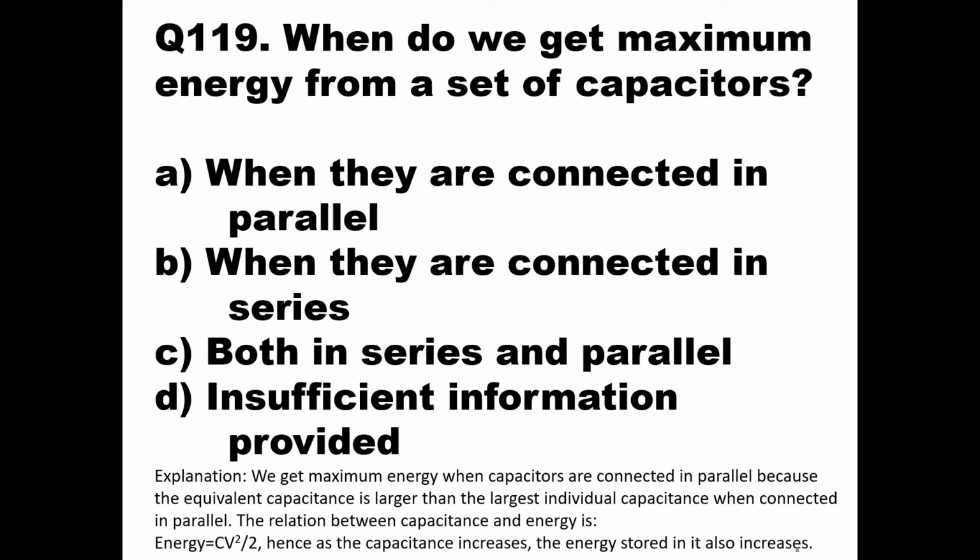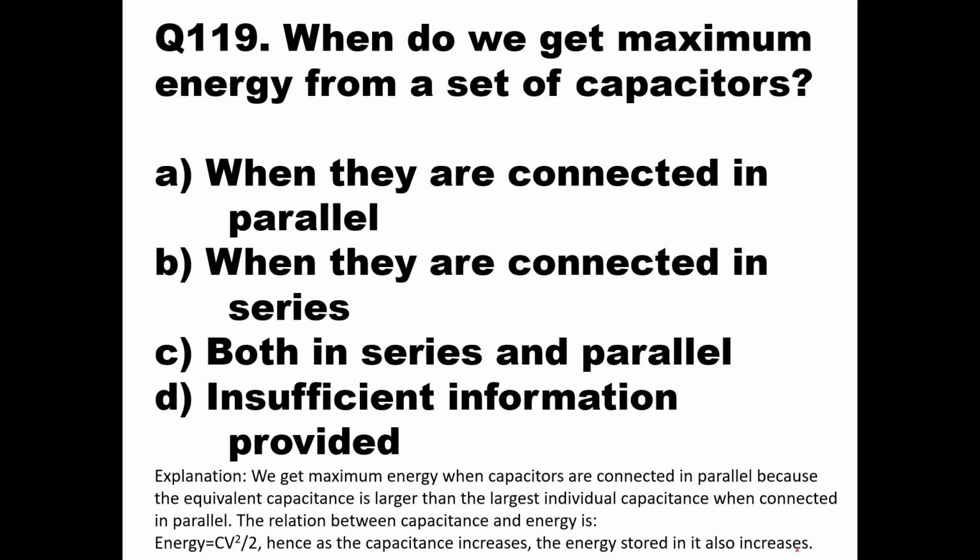Question number 119. When do we get maximum energy from a set of capacitors? Now, we know that when capacitors are connected in parallel, the concept of adding is C equivalent is equal to C1 plus C2 plus C3.